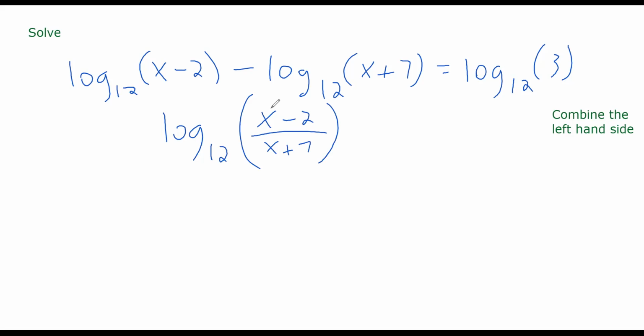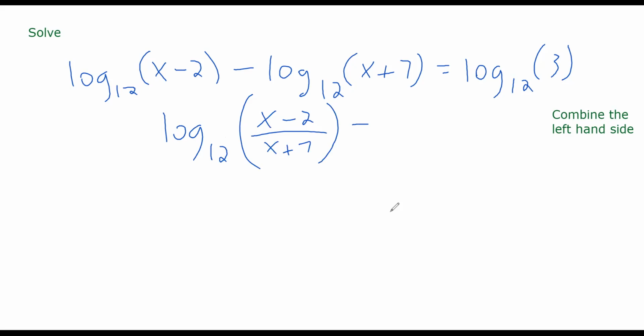You'll remember that was the quotient rule for logarithms. I'm subtracting one logarithm from another that both have the same base, in this case 12. And so they can condense into a single logarithm where we divide the first argument by the second argument.